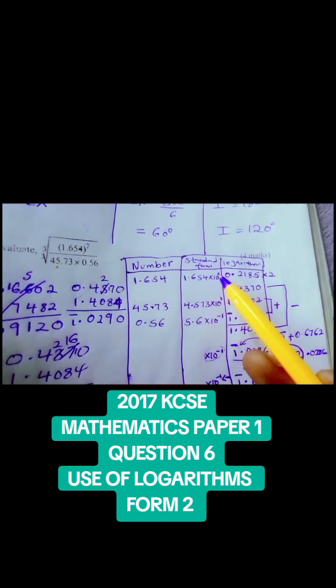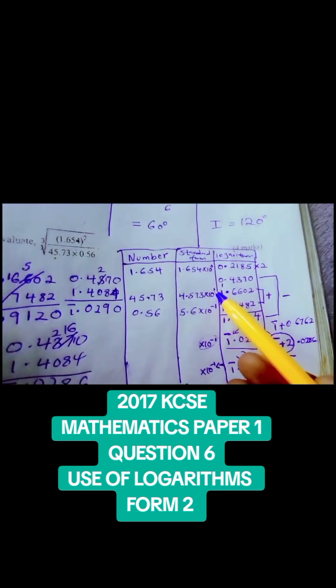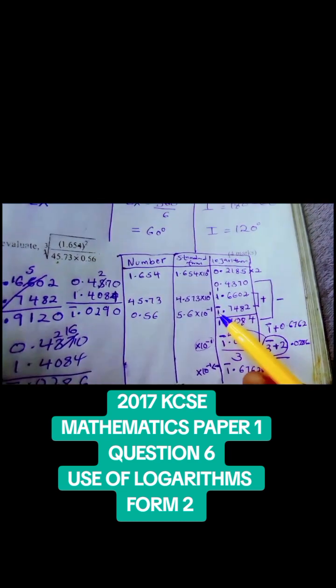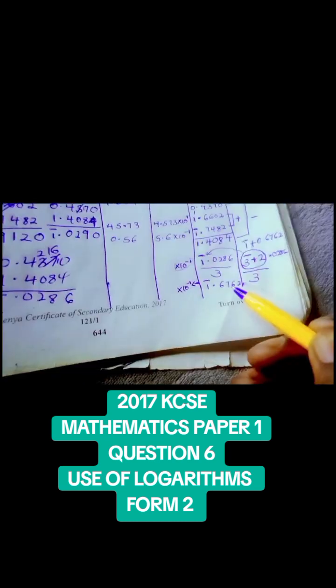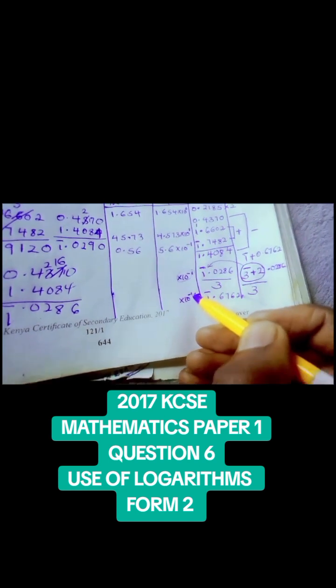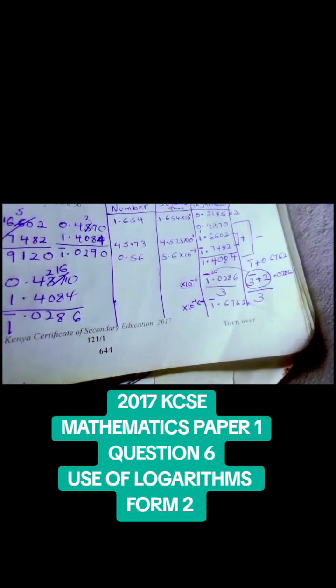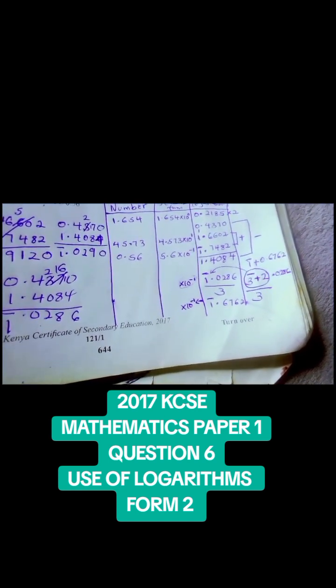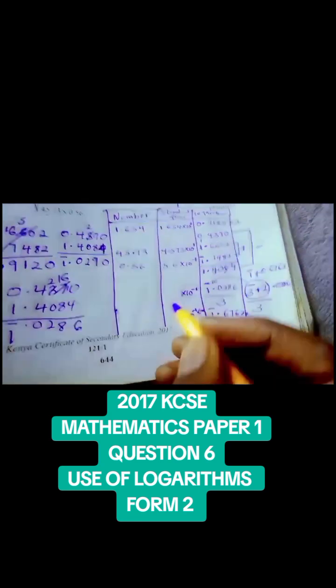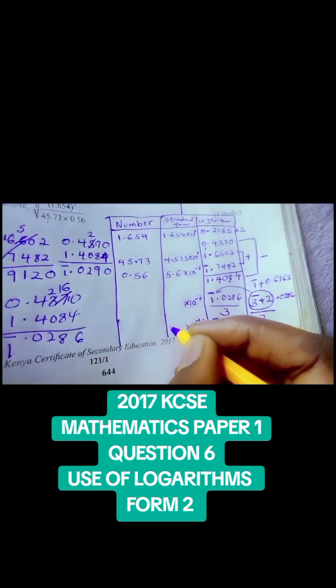Power negative 1, it is negative 1. Therefore, if here it is negative 1, it means that the power was also negative 1. Then you find the antilog from the point. Antilog of point 6762, which is 4.7446.